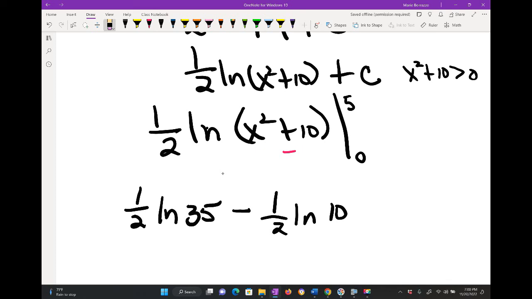So throw that into some sort of technology and you'll get your answer. This should be approximately, and we are going to round, 0.626. If you want to see it on the calculator, let me throw it up here.